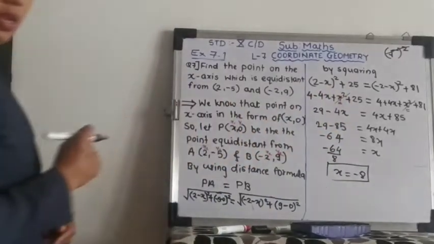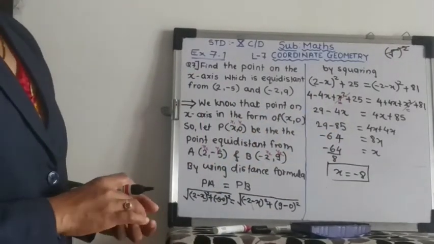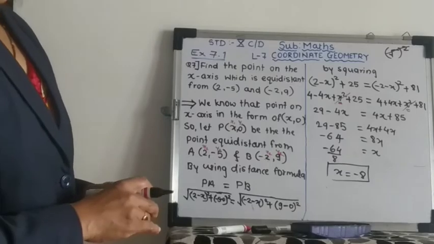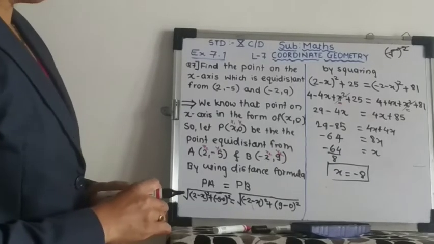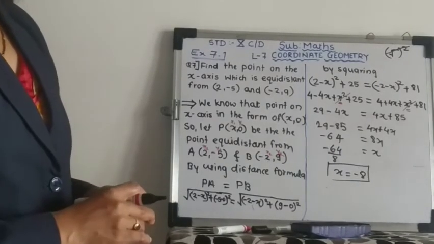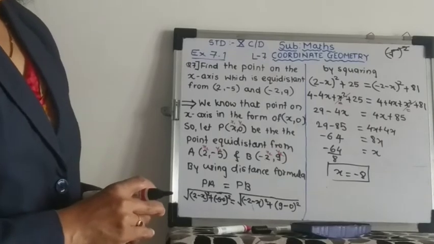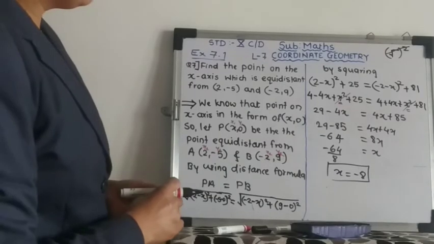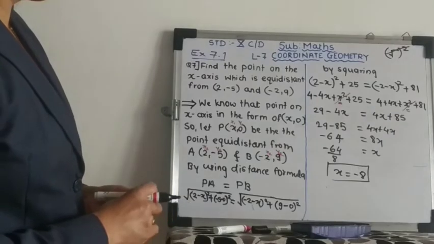Let us see whether we have done it correctly or not. Yes, we will recheck one more time. We have got here 29 plus 4.